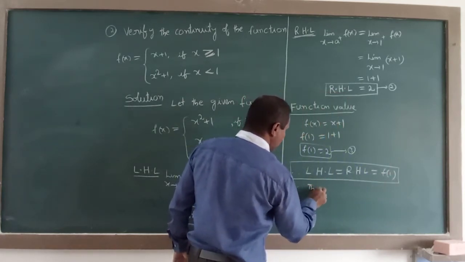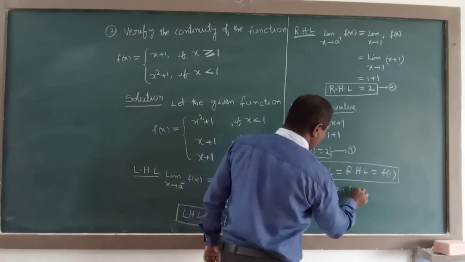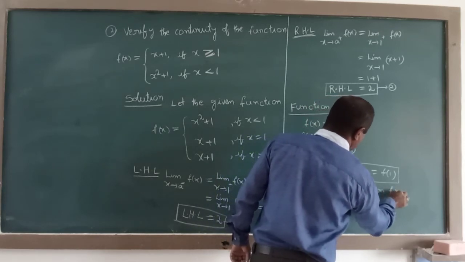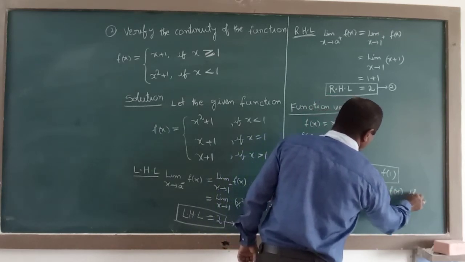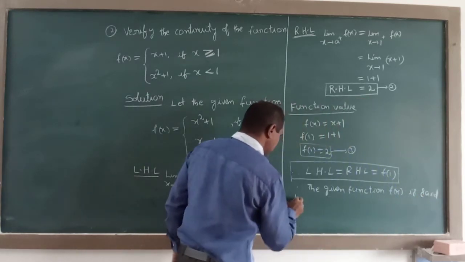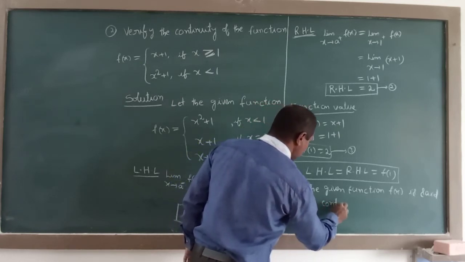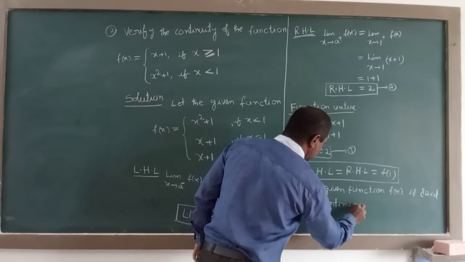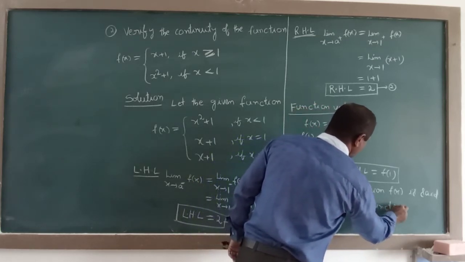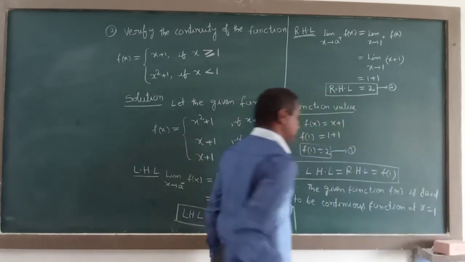Therefore, the given function f of x is said to be a continuous function at x is equal to 1.